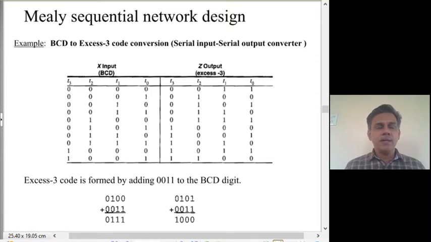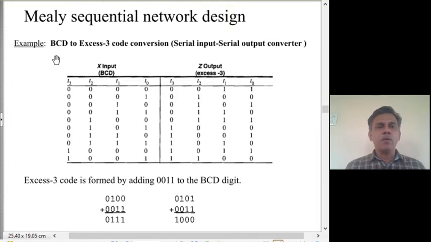So, to this end, we take the example of a problem of conversion from the BCD number to the XS3 number representation. Here we have to do basically a code conversion, convert the binary number encoded using the BCD scheme to a binary pattern encoded using the XS3 encoding scheme.